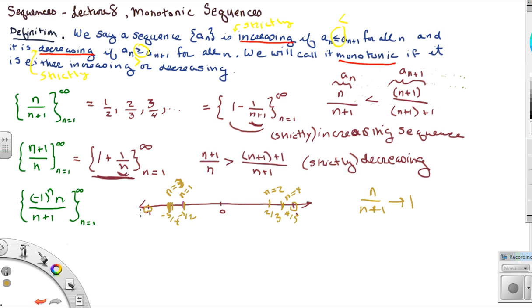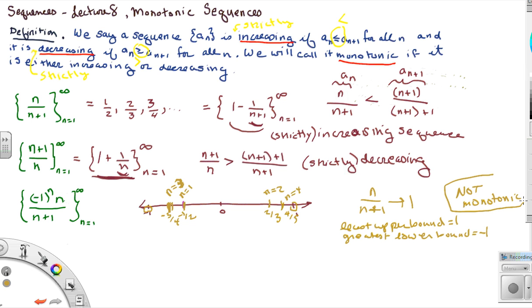In fact, the least upper bound is equal to 1, whereas the greatest lower bound is equal to negative 1, but it's not monotonic. It is bounded, but not monotonic. The other two sequences we looked at were monotonic and bounded.